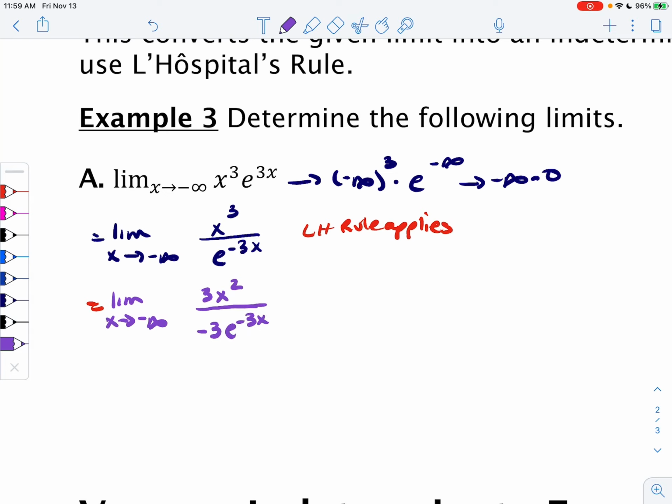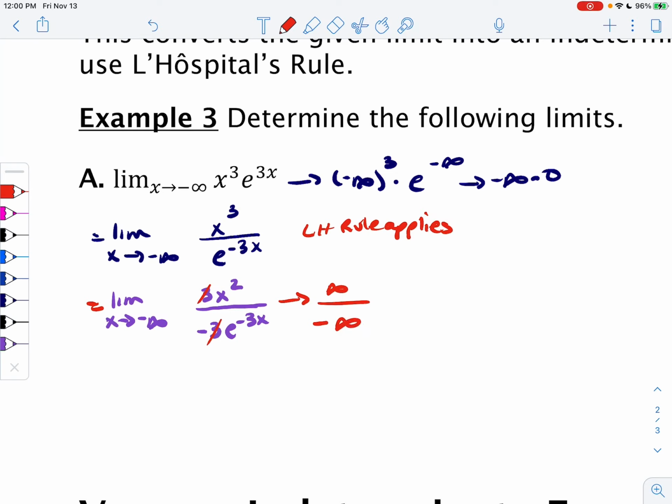It was e evaluated at minus 3x, but then times the derivative of the inside, and the derivative of the inside is minus 3. And if I evaluate again, I can also cancel my 3's here. And in going to apply that limit, I end up with minus infinity times minus infinity is positive infinity. And e to the minus 3 times minus infinity is positive infinity. And I end up with e to the positive infinity, and that is going to be infinity.